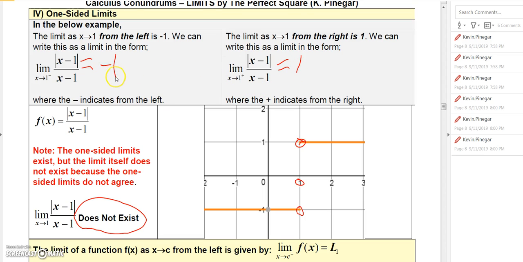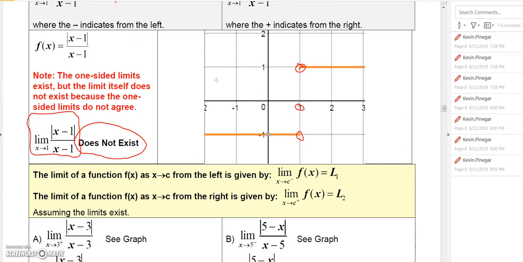Since these two one-sided limits don't agree, we can't say the limit exists. The one-sided limits exist because the limit from the left was negative 1 and the limit from the right is positive 1.